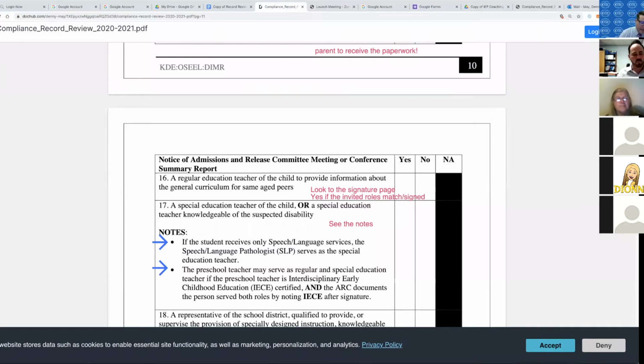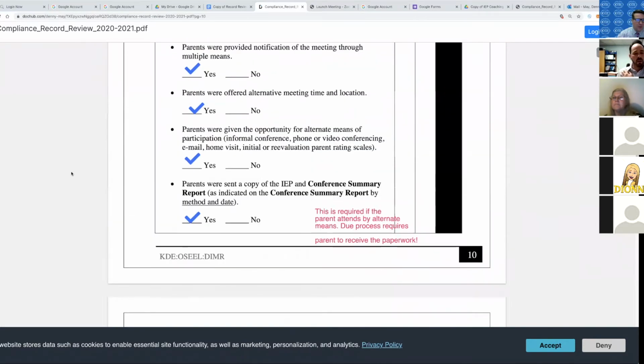The general ed teacher is the content specialist, the curriculum specialist in the room, and they should inform, and that's why we have them there. They can tell us what a similar age peer should look like, what's expected for that peer, so that we have a point of comparison for how our student that we're doing the IEP for is actually doing compared to those folks.